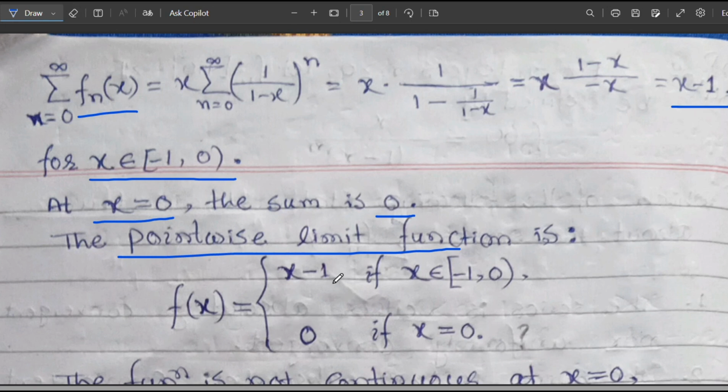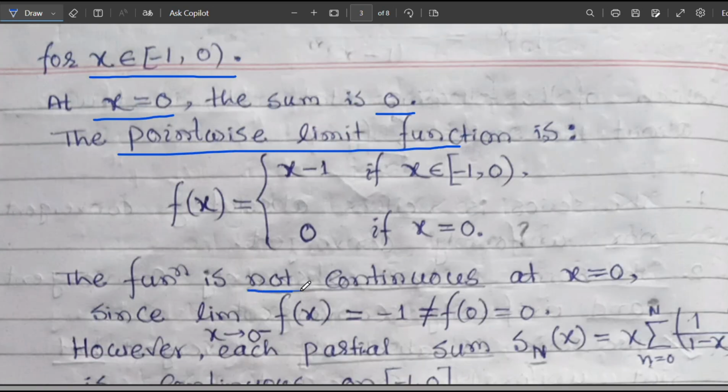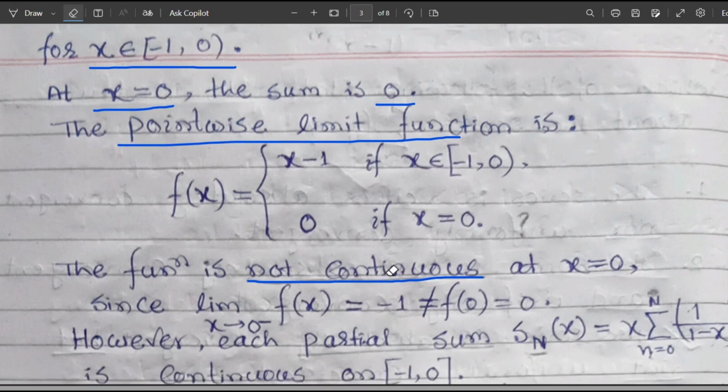It will become x minus 1 if x is from the closed interval -1 to 0, excluding 0. So the function is not continuous. In the open interval, the limit is x minus 1, but at 0, it is 0. So it is not continuous at x equal to 0. What is the reason?